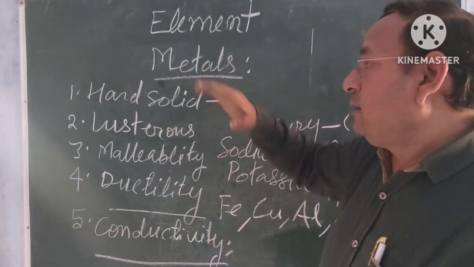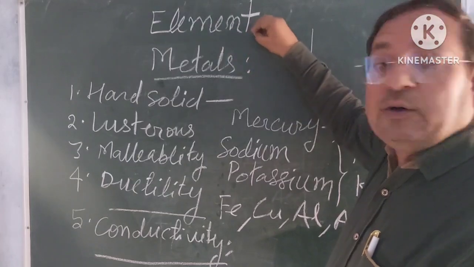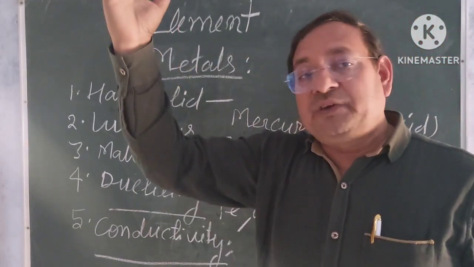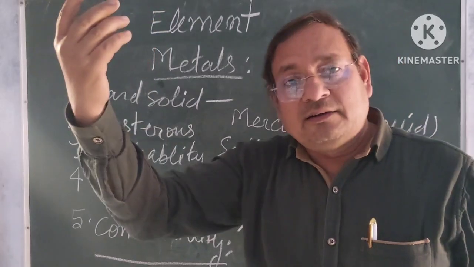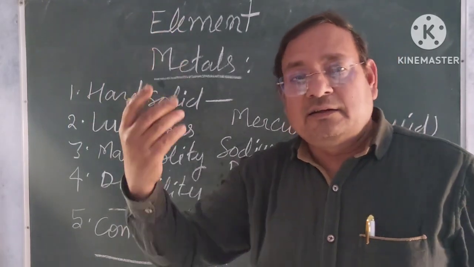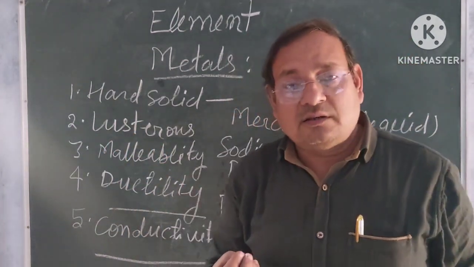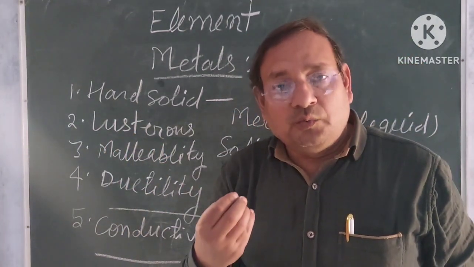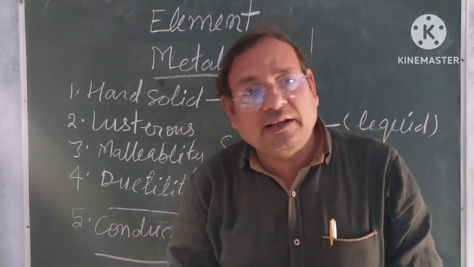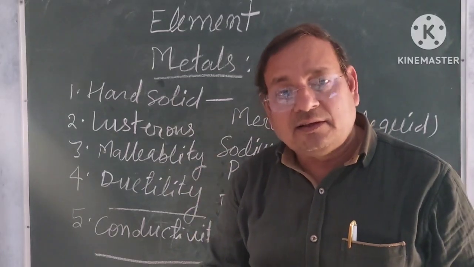My dear student, suppose one iron rod is penetrated into the wall, and we can hang on the other end very easily. This rod can withstand our weight. So we say that metals have the property to withstand a lot of force, a lot of weight.